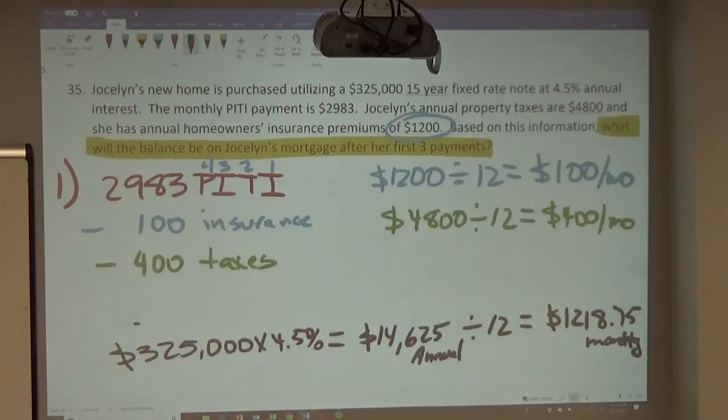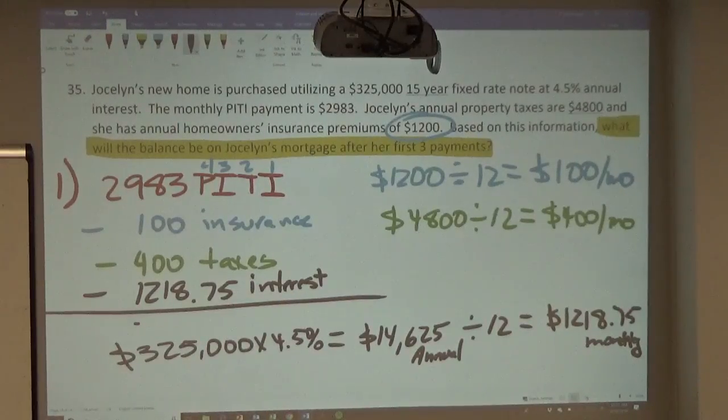$1,218.75 monthly. So now we can subtract the interest up here, $1,218.75 for interest, and that will allow us to get our math here. Put it right here.